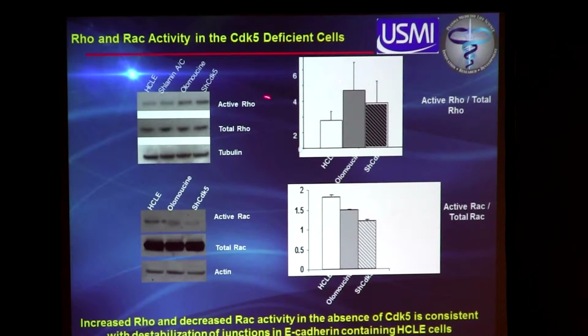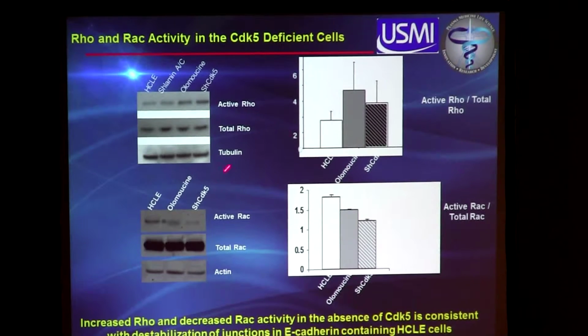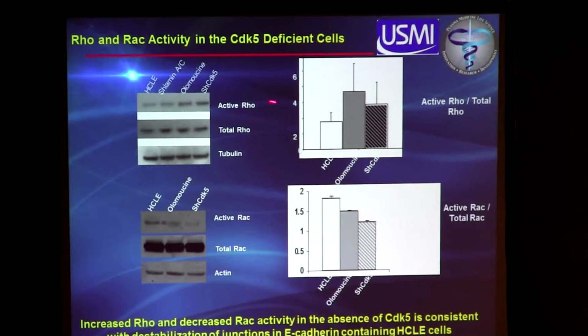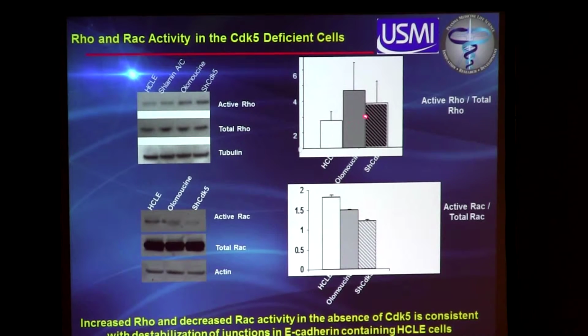In these cells, we also tried to look at the activity of Rho kinase, which are Rho and RAC, small G proteins. And as you see here, in the absence of CDK5, the Rho activity goes up. And there is an inverse relation to RAC. RAC activity is reduced and Rho activity is increased.